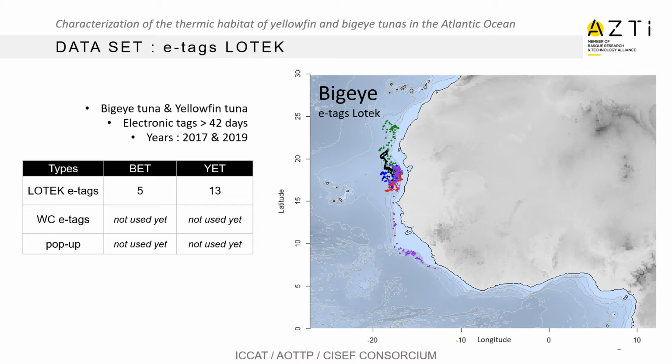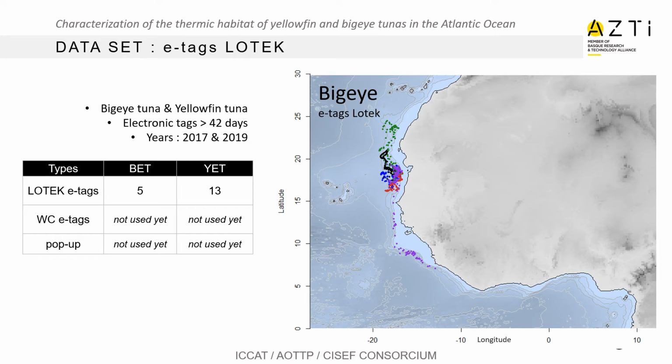So we have started this study using the low-tech archival tags, for which we have 5 tracks for the bigeye and 13 for the yellowfin. Other archival tags and pop-up observations are available and will be used later.